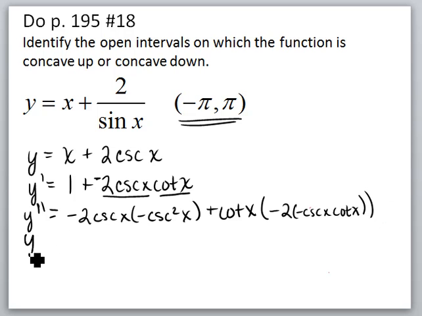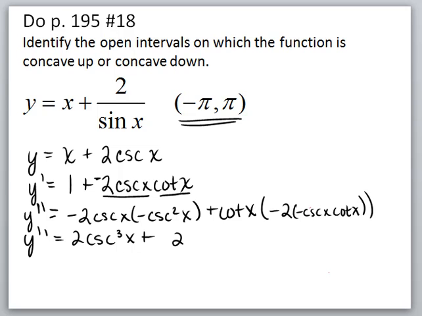Well, this will simplify to give me a positive 2 cosecant cubed, because I've got 3 cosecants. A negative times negative 2 is a positive 2. Plus, I have negative 2, and then inside of here, actually that changes to positive, because negative 1 times negative 2 is a positive 2.